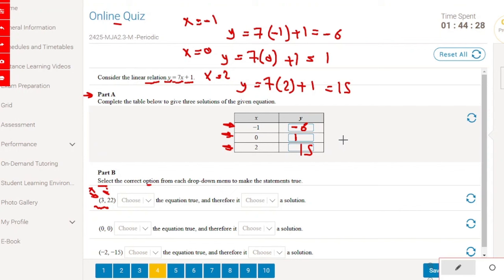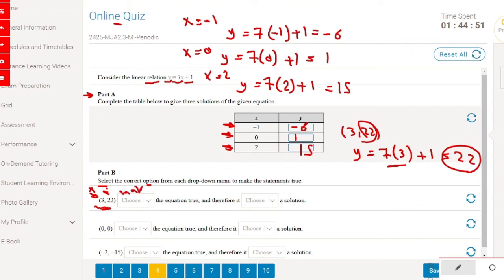So when point (3, 22), we'll say y will be equal to 7 multiply 3 plus 1. So the answer here would be 22. So 22 and y is 22. So this point makes the equation true and therefore it is a solution.